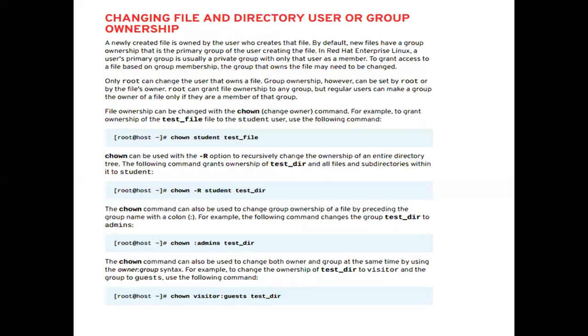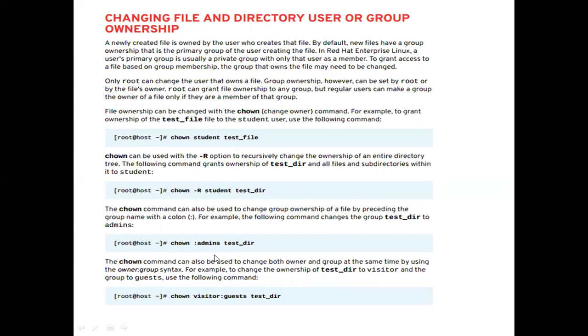Now we will see. Here you can see that we are changing the ownership of one file. And here we are applying it to an entire directory and subdirectories of that particular folder using the chown command.